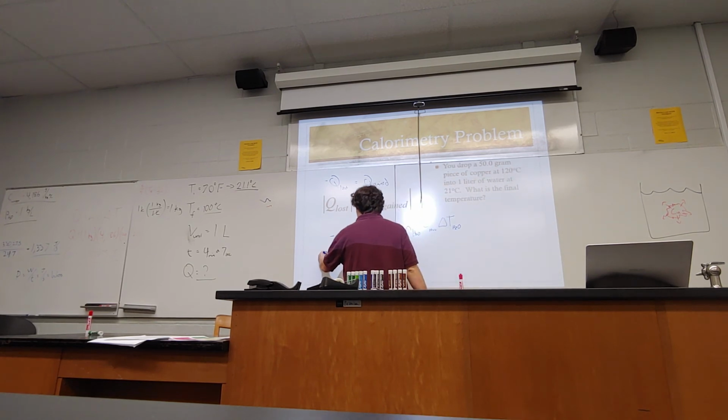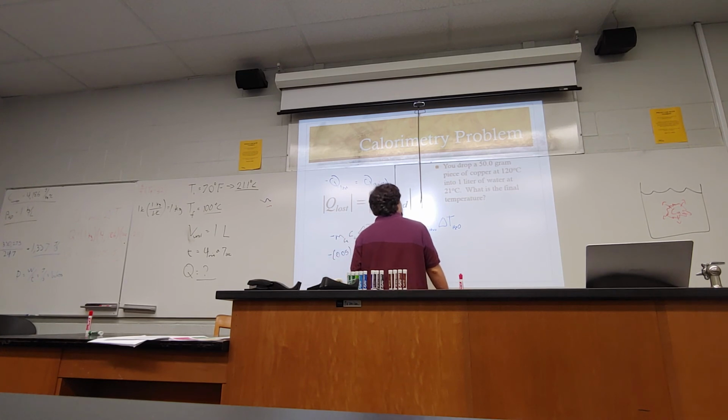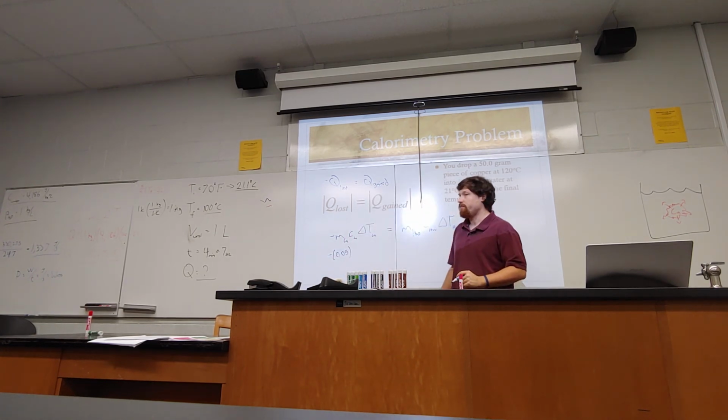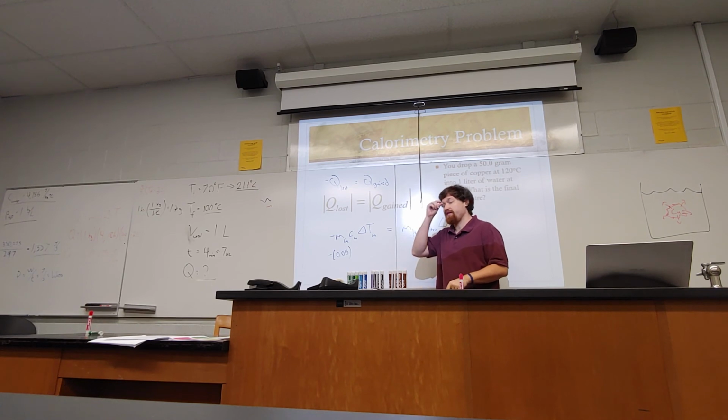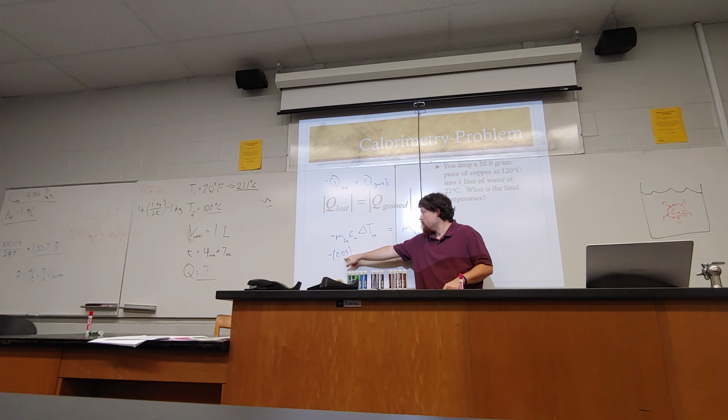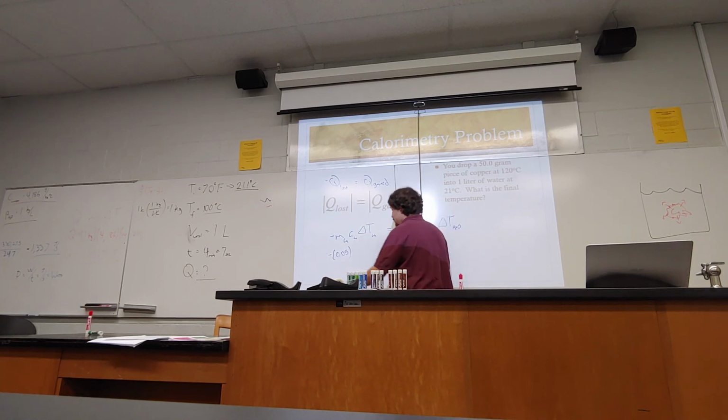So if we start plugging things in, we're keeping our negative sign to make everything balance. We have 50 grams of copper, but in physics at least, we like kilograms more, so all of our constants are in kilograms. So let's just convert it to kilograms. 50 grams is 0.05 kilograms.